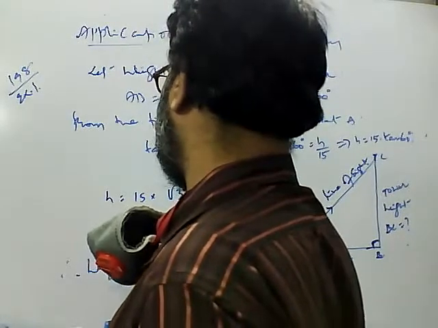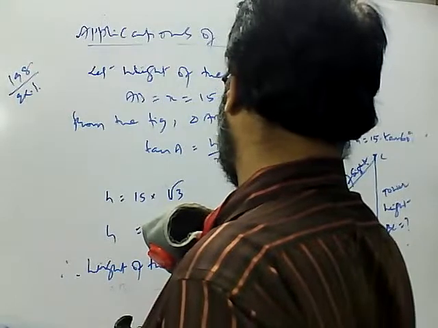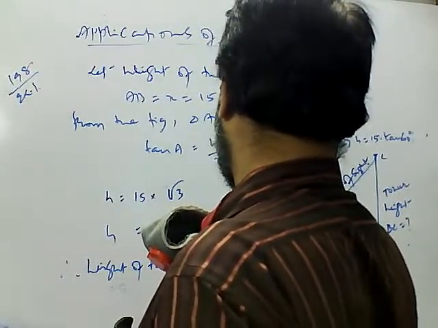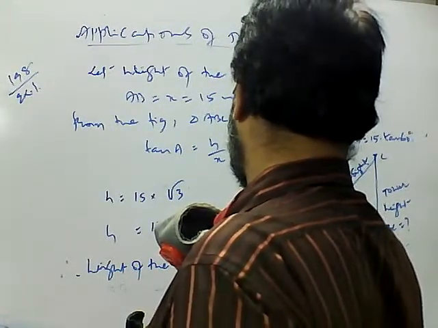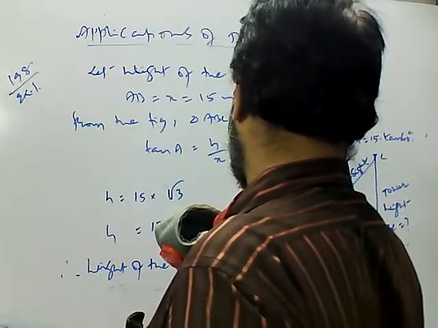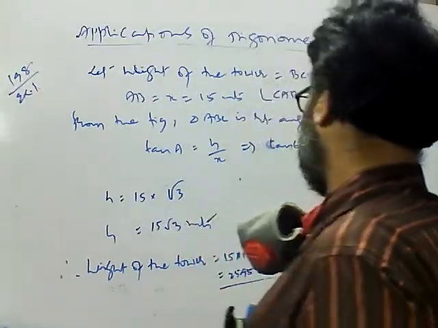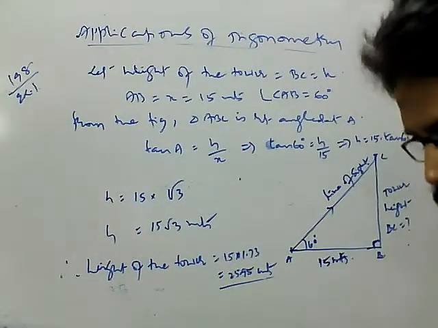Therefore the height of the tower is equal to 15 into 1.73. So that is the answer. Understood now? Very clear?